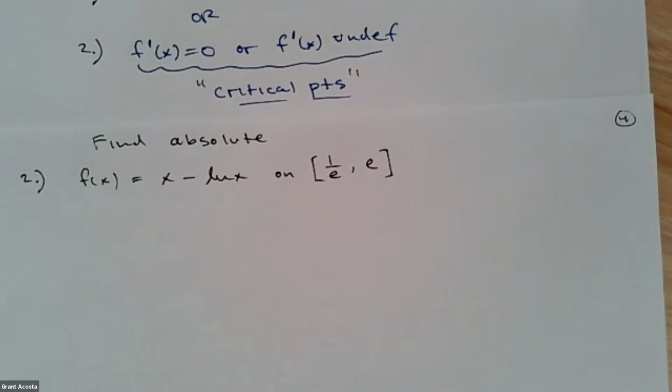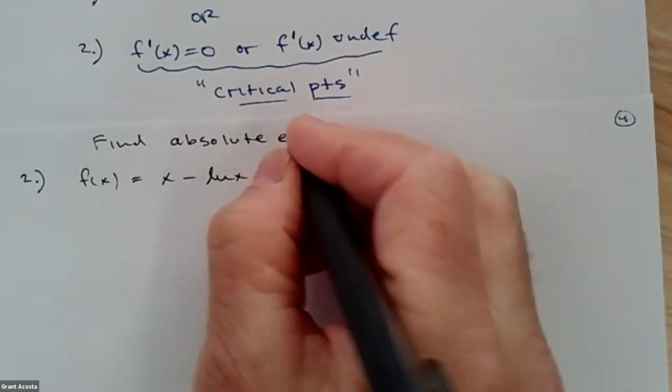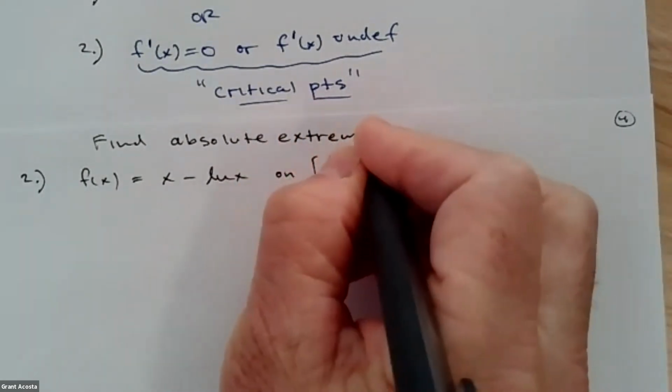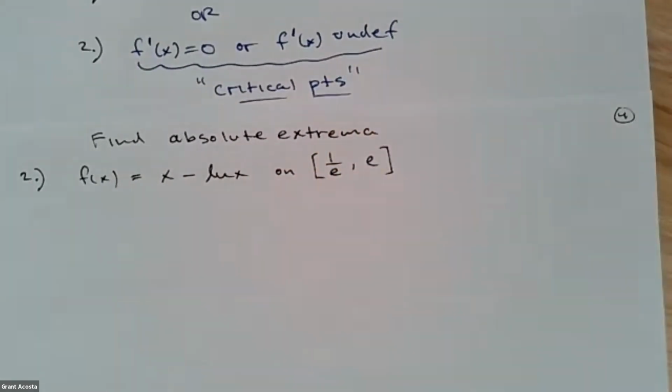There's a lot of terminology in this section. The term that describes either an absolute max or an absolute min, we call those extrema. Extrema is the plural of extremum, an extreme value, right? A highest or a lowest. So if you see extrema, that means absolute max and mins.